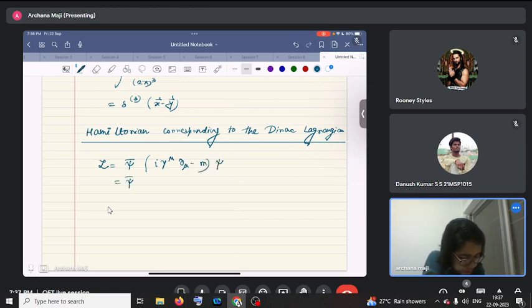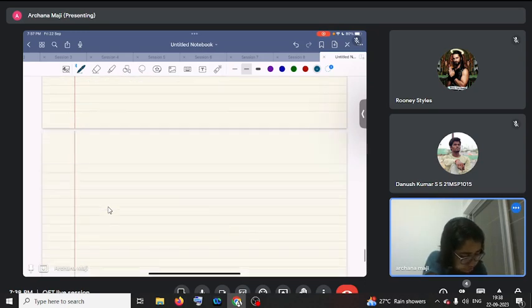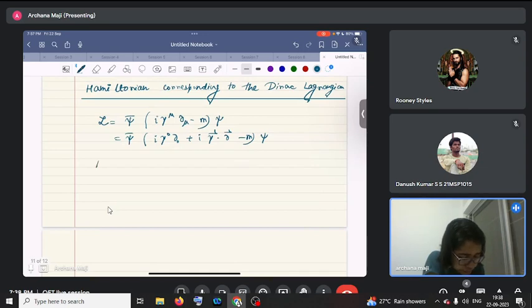If we write it explicitly, it becomes gamma 0 del 0 plus i gamma dot del minus m acting on psi. What is the conjugate momentum corresponding to psi?